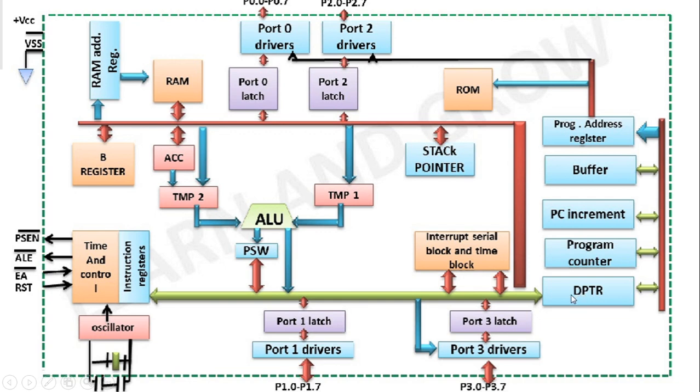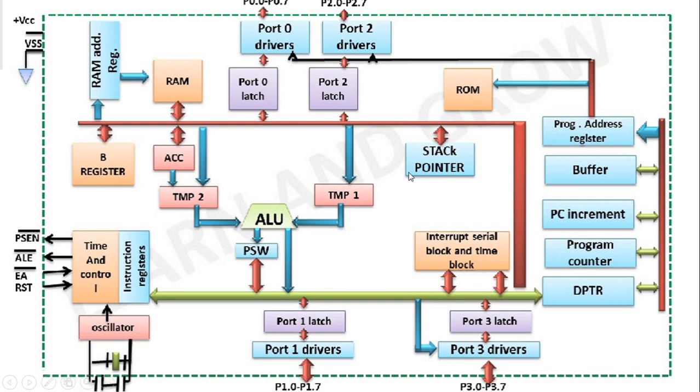So keep in mind, this DPTR, data pointer register, is always used in order to access data from external memory. If we want to access data from internal memory, we can simply use our accumulator register. But in order to access data from external memory, we need to point to that location using this DPTR and access the data using the location pointed by DPTR to the accumulator register.